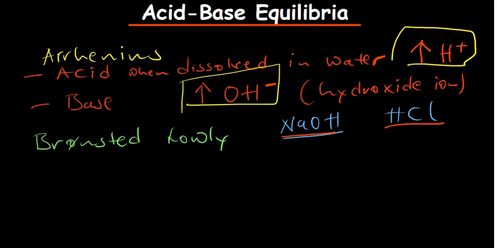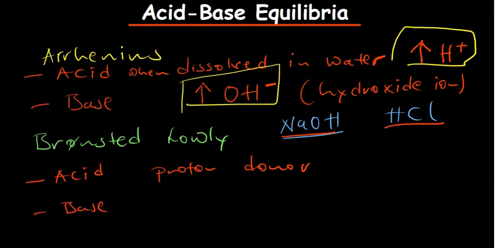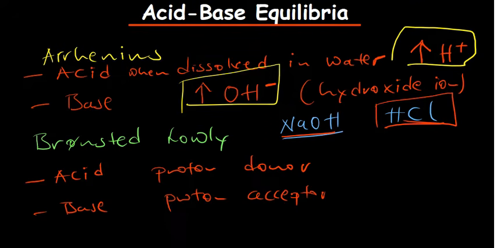And then Brønsted-Lowry, on the other hand, defines an acid to be a proton donor, and a base to be a proton acceptor. To understand this in more detail, a proton donor is, for example, hydrogen chloride or hydrochloric acid dissolved in water.